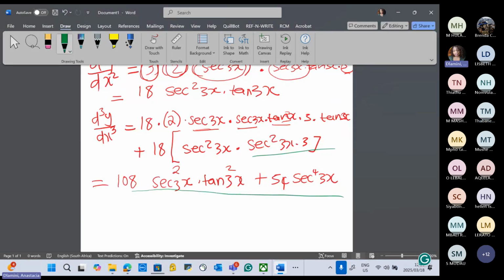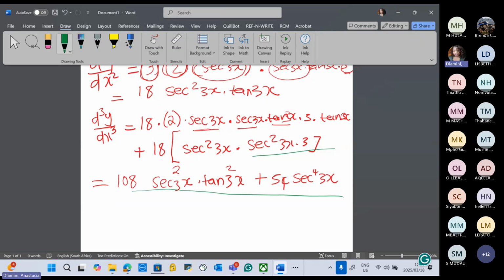Can I give you guys a clue? In the textbook, there's 54 there. Do you see 54? And the 54 has to remain with the sec, so it means sec to the power of 2.